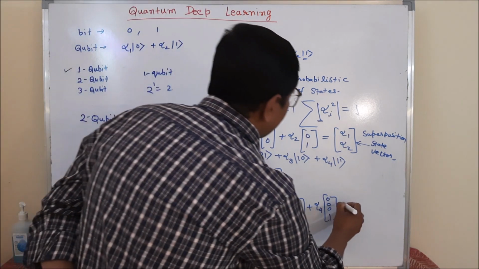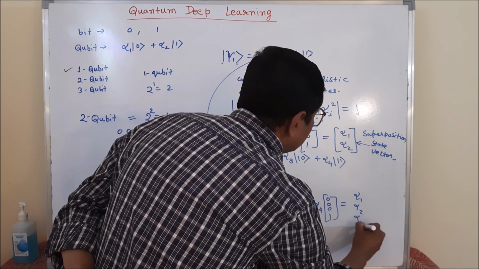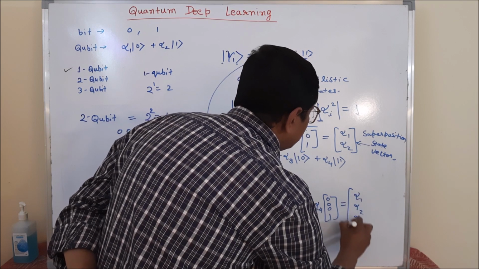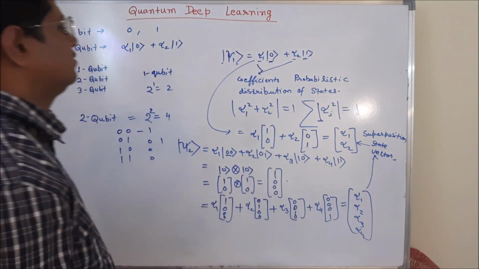So if you solve this, you will get alpha 1, alpha 2, alpha 3, alpha 4, just matrix addition. So this is again a superposition state vector.